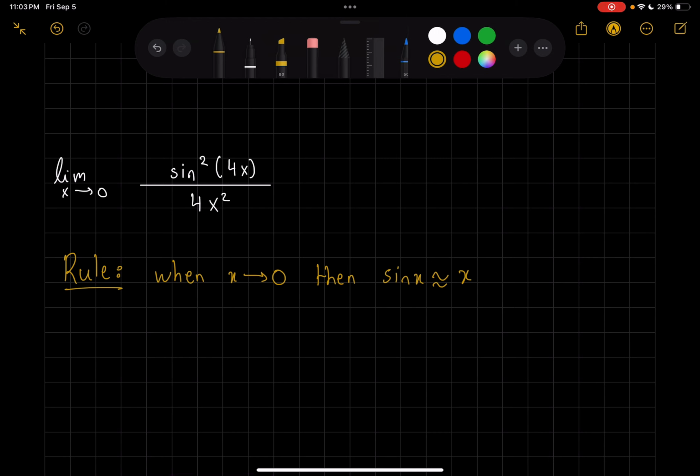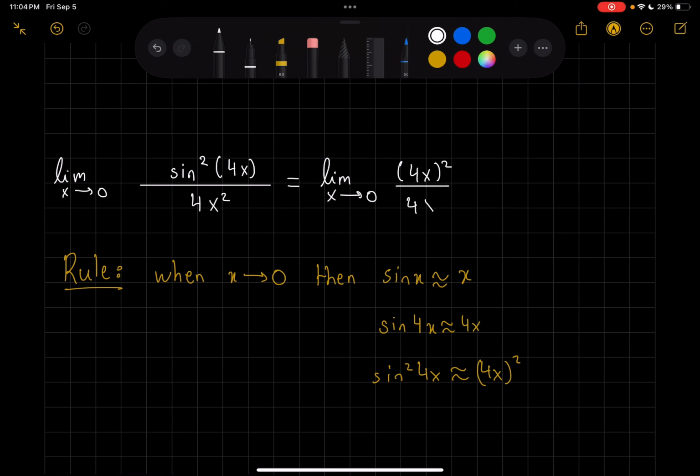So only when x is going to 0, only then you can consider sine x as x. So this means sine 4x can be considered as 4x, which means that sine squared 4x can be considered as (4x) squared.